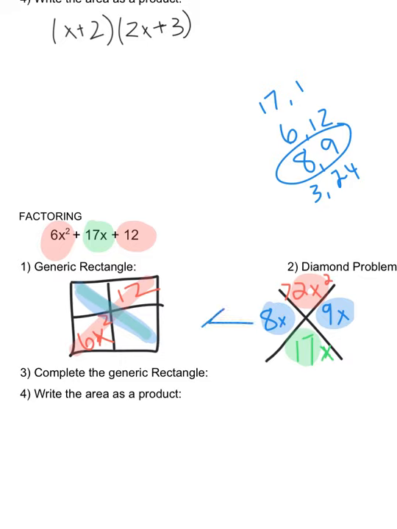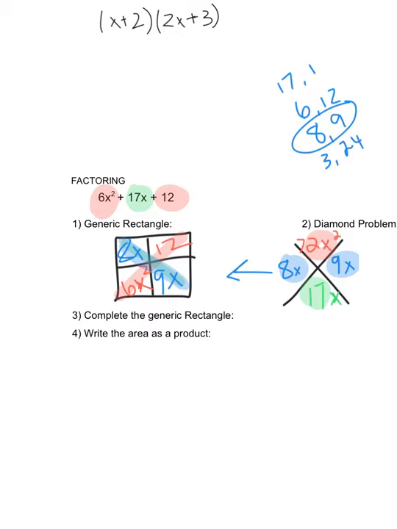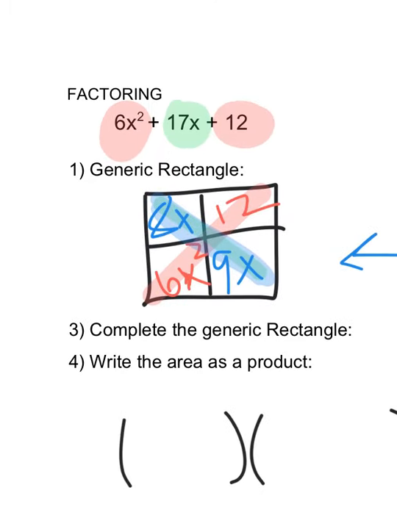So I take those two numbers I picked and put them into my rectangle, 8x and 9x. And now my last step is to find those outside dimensions and write it in a set of parentheses. So let's see. Going across the bottom, these have a common factor of... I could take out a 3 or divide by 3 and an x from each of those. And then 3x times 2x would make this 6x squared.